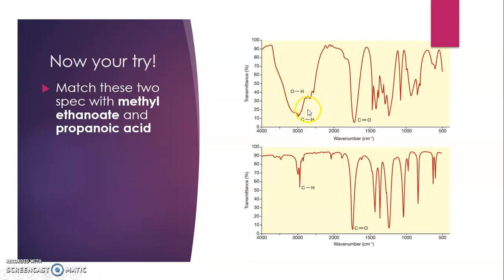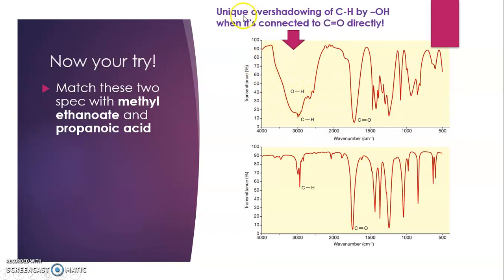So you will see that the top graph has, again, a very unique overshadowing effect of the CH absorption here and the OH absorption here. Okay? And they merge together. This will only happen when the OH is connected to the carbonyl group straight away. So we do have a carbonyl group here, so this can only be the graph for an acid.